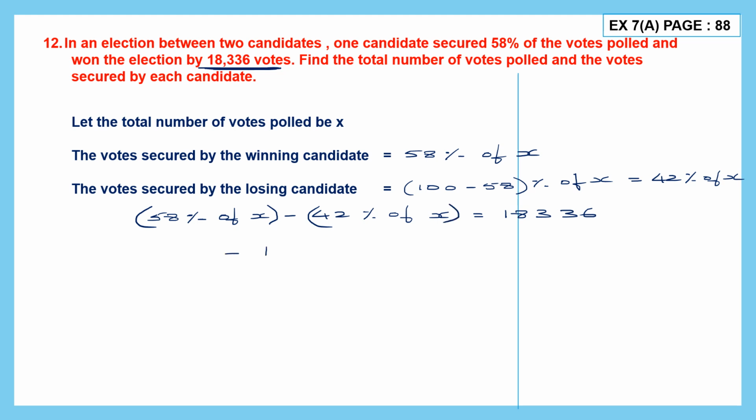That means 16% of X is equal to 18,336. So here 16% means 16 by 100 into X is 18,336.